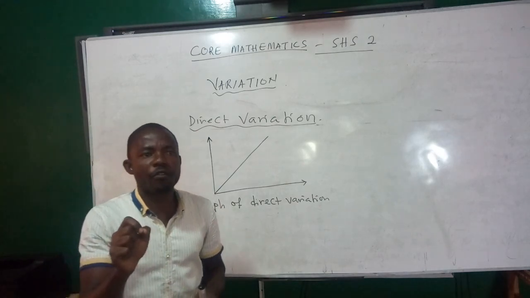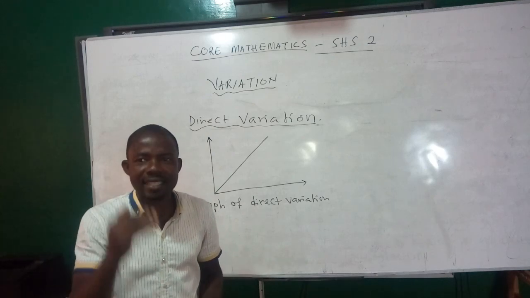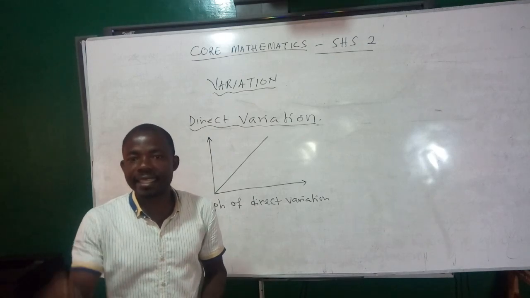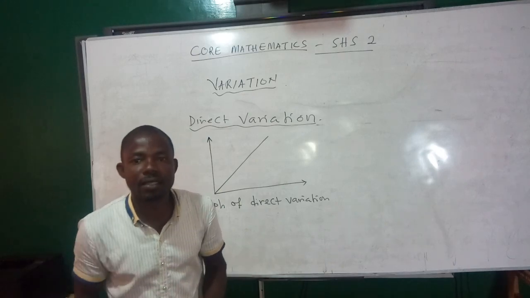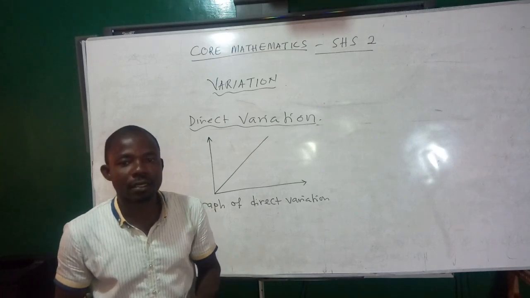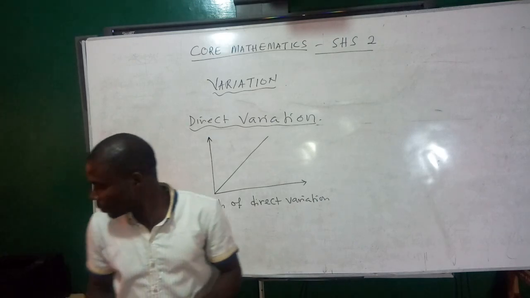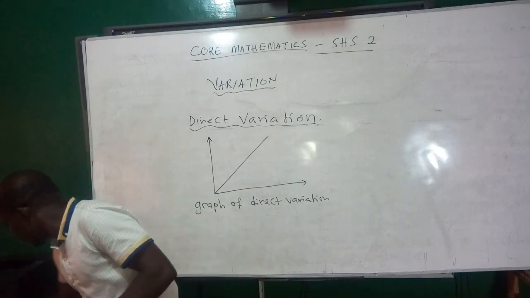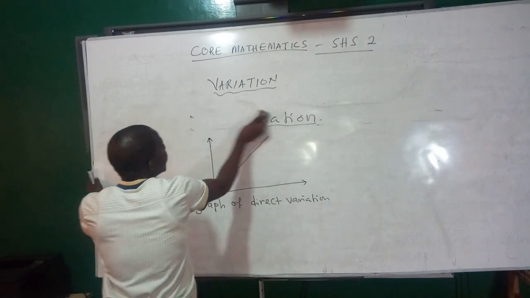When the cost of petroleum is reduced drastically, you know that items in the market will also be reduced. That is also an example of the direct variation or the direct proportion. Let's consider the table I have here.